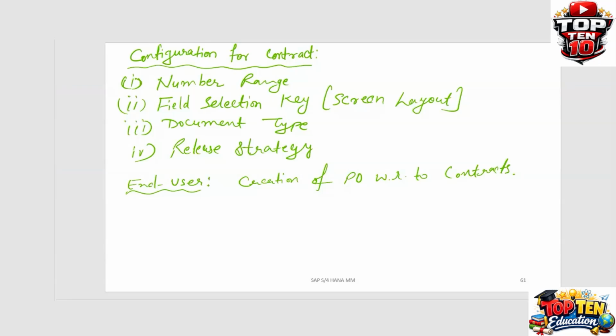Again ME21N and what to do? Select the document type. In the item mode, go to outline agreement. Enter quantities.